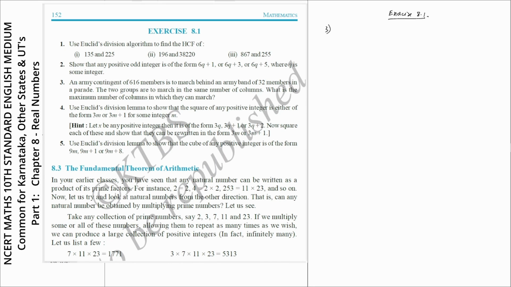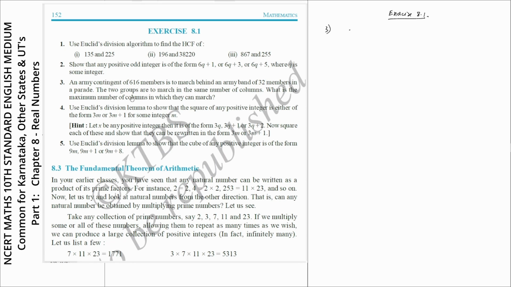Exercise 8.1, question number 3. An army contingent of 616 members is to march behind an army band of 32 members in a parade. The two groups are to march in the same number of columns. What is the maximum number of columns in which they can march?